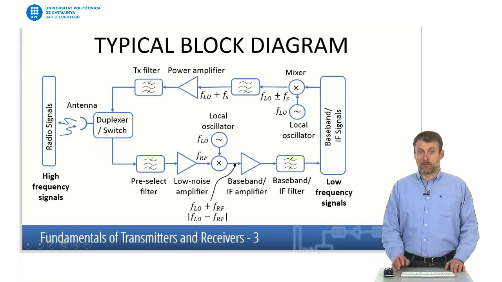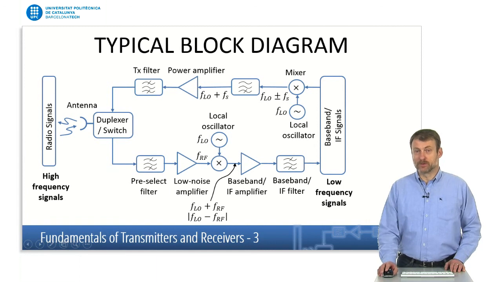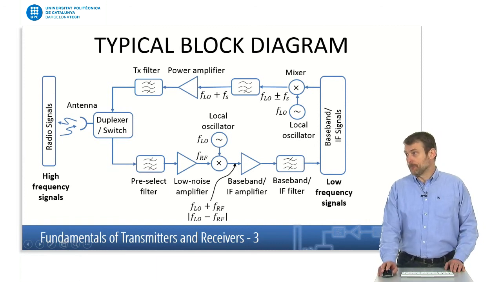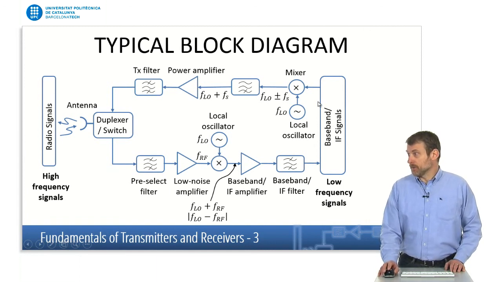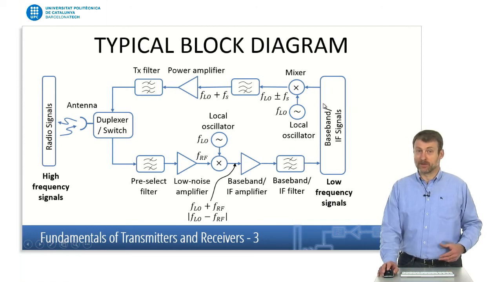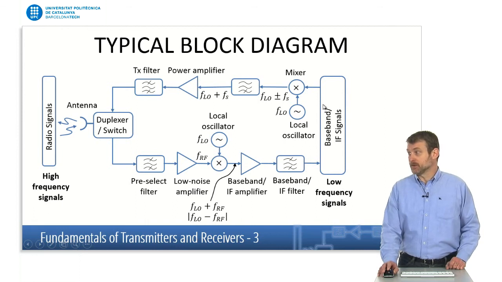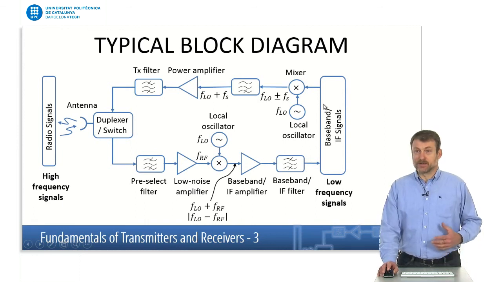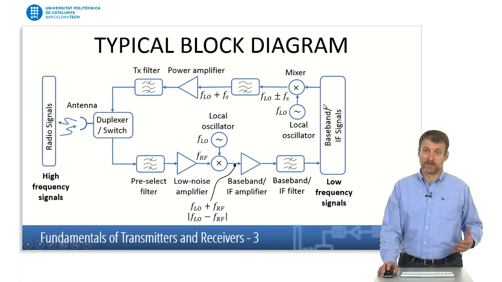This is a typical block diagram that I will use to make the explanation. In this diagram, I'm not claiming that this is the basic architecture for every receiver or transmitter system. My only claim is that this is general enough to explain the basic principles of most transmitters and receivers.